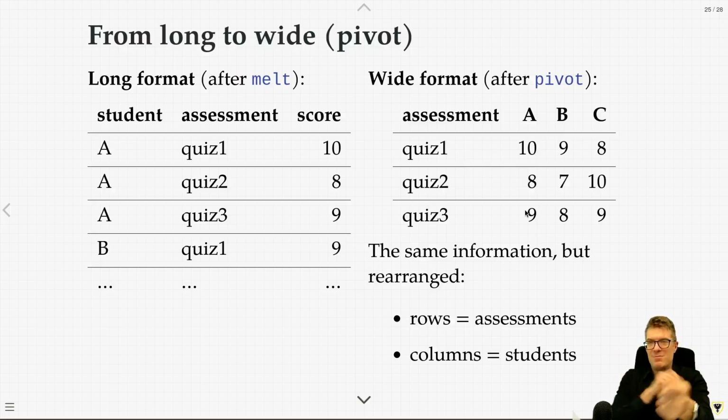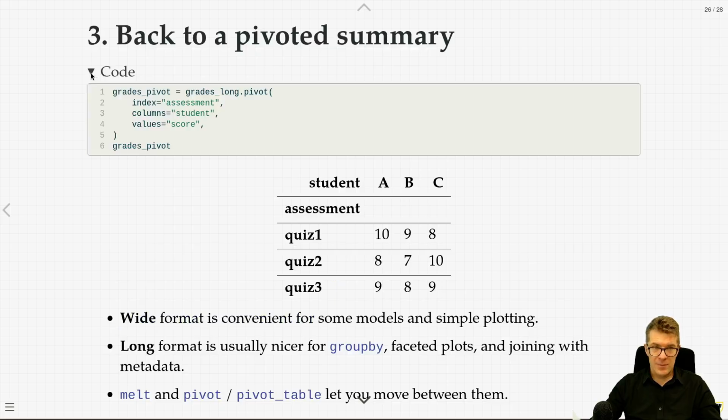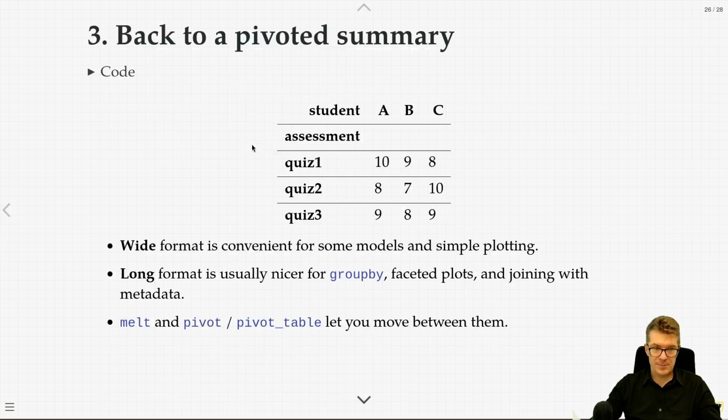I mean, technically, if you pivot things the other way, you could do the same thing, but regardless, sometimes we need to write things out with certain rows and certain columns. So this is how you do it with melts and pivots. So we have our pivoted summary, we have quizzes, we have our students, again obtained from this code.